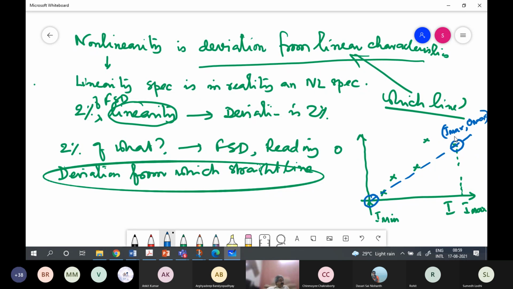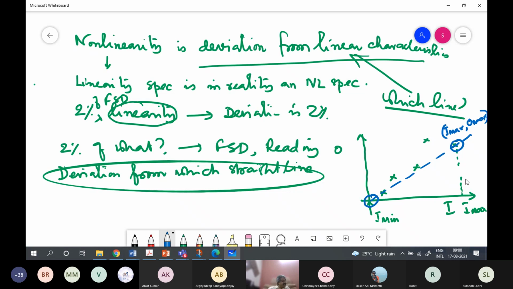What is the advantage? If you want to determine this straight line, you have to only do one experiment. Just find out the reading Omax for the Imax input. You are done, you got the straight line. Now, what is the disadvantage?